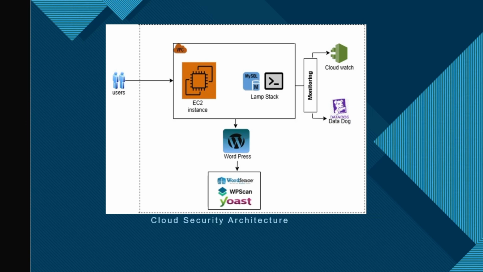It shows the complete data flow and security implementation, and we can access the system through the internet by connecting to an EC2 instance that hosts the LAMP stack, which serves as the foundation of the whole web application. After this, we installed WordPress, and also added some plugins like Wordfence, WPScan, and Yoast. Also, we enabled monitoring services like CloudWatch and Datadog to help track user activity and control the traffic.